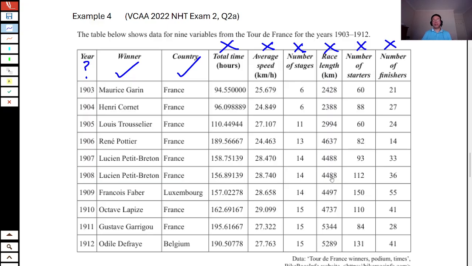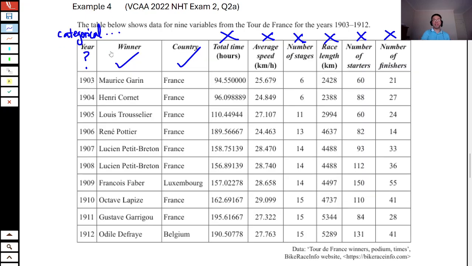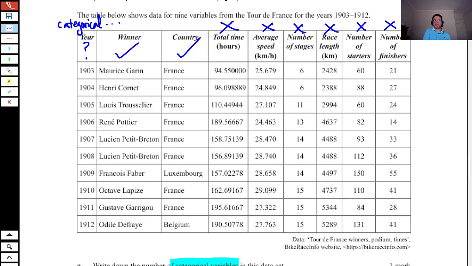Unless I'm told something otherwise that I want to do for my analysis, there's no reason for me to do that. So, along that line of arguments, if I say it doesn't make sense to do those calculations with the year number, then we would count year as a categorical variable. And hence, the number of categorical variables in this data set would be 3.